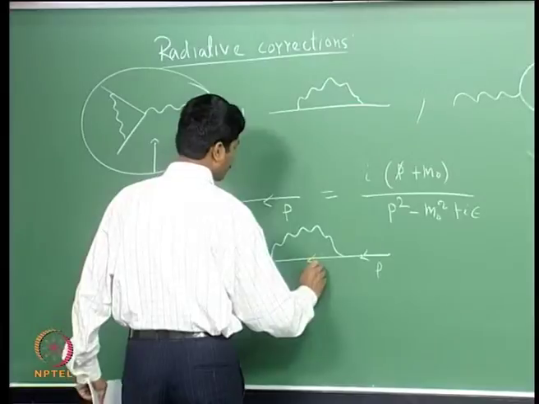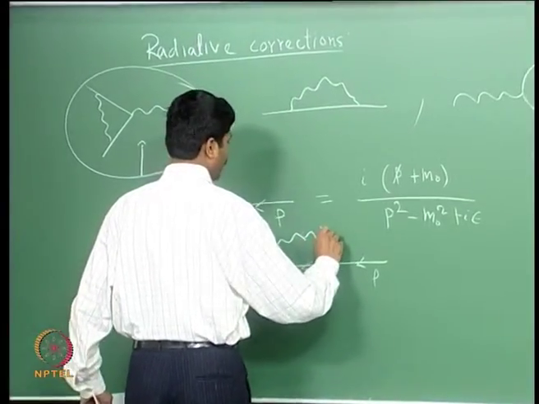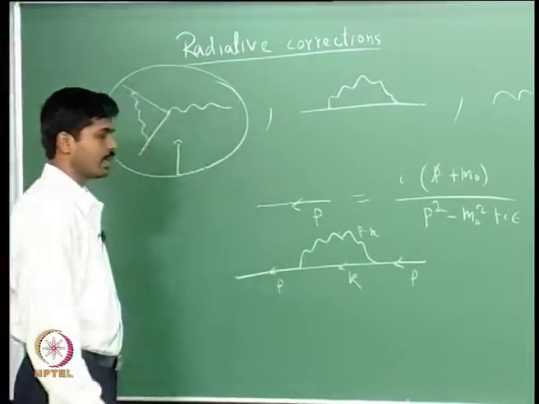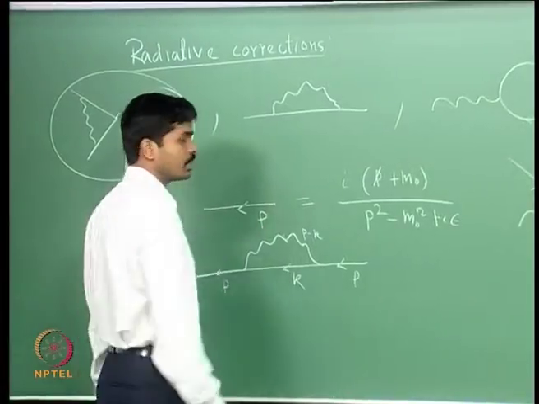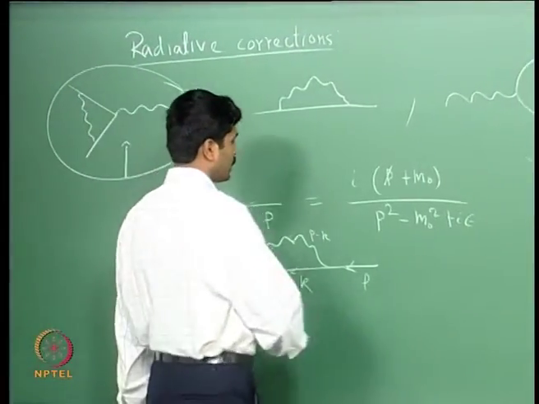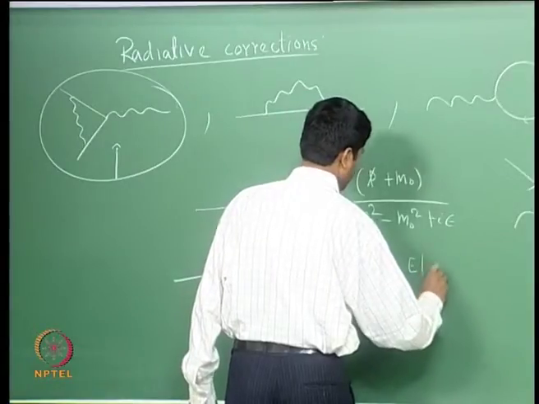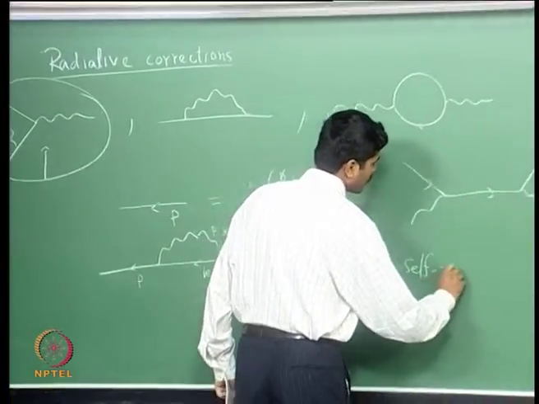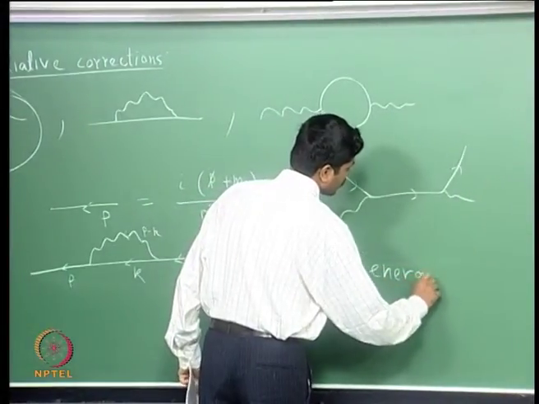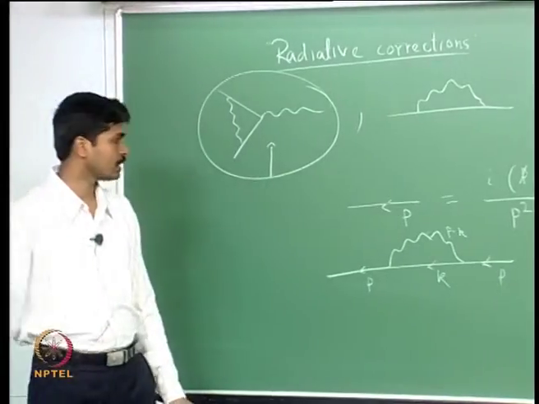If I denote this to be k, this will simply be p minus k, and this will be the next order contribution to the propagator. Again, when I write this, I do not care about the external lines, just like here.